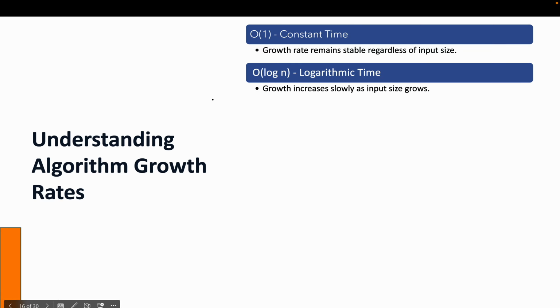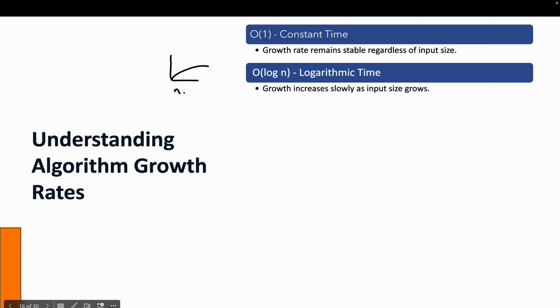Then we have the logarithmic. It grows very slowly, as I said. It has good performance because of the logarithmic function. We know that the logarithmic function diagram is like that.